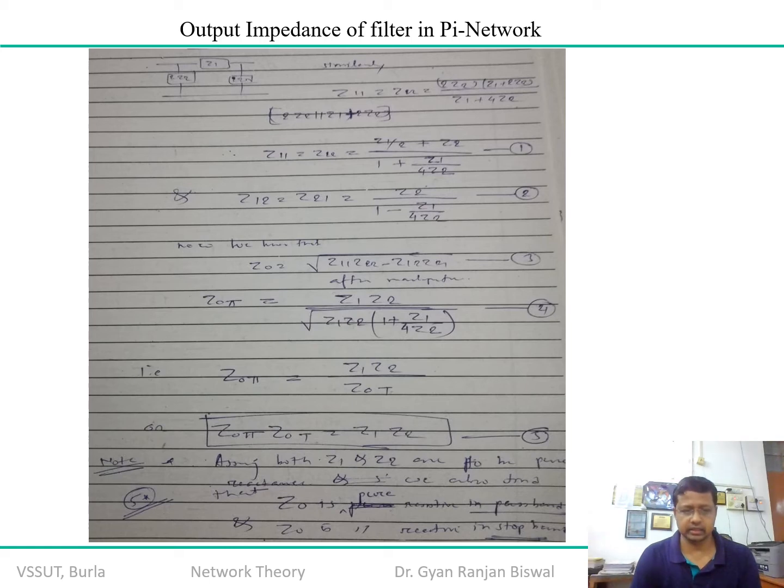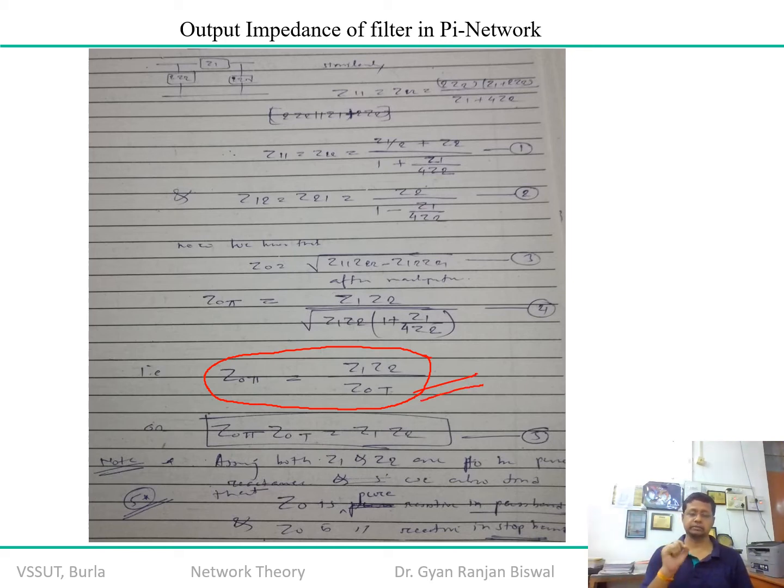This property, if you talk about this equation, is a very important equation. I am talking about this equation. What is this? The product of the impedance in the pi network and the T network is equal to Z11 Z22, that is the product of the series arm impedance and shunt arm impedance.